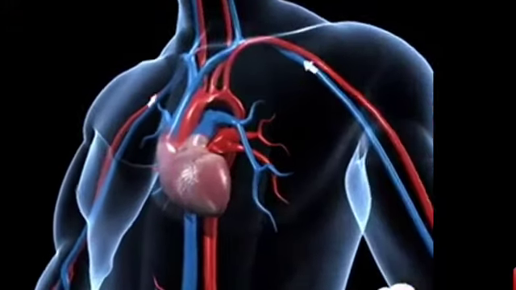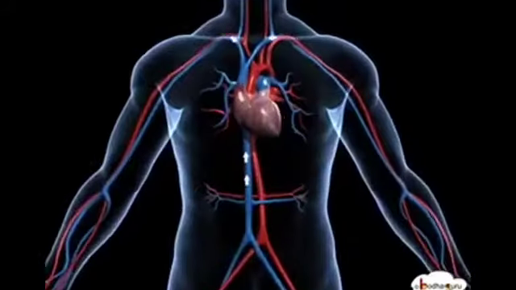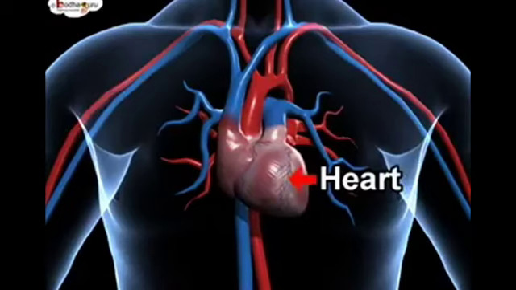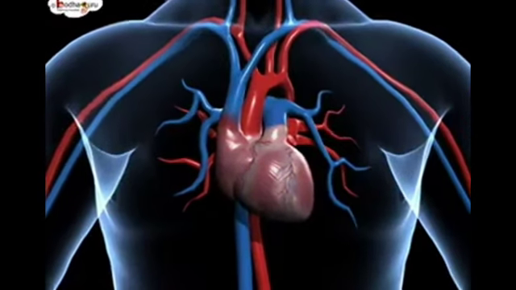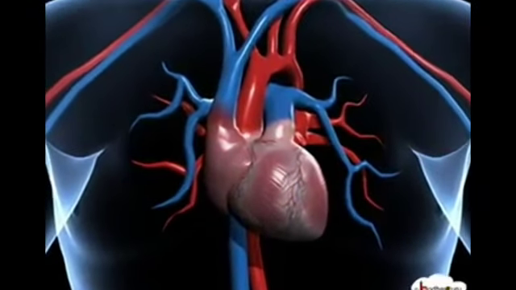Blood travels to all the parts of the body through the network of blood vessels and carries various substances from one part of the body to the other.